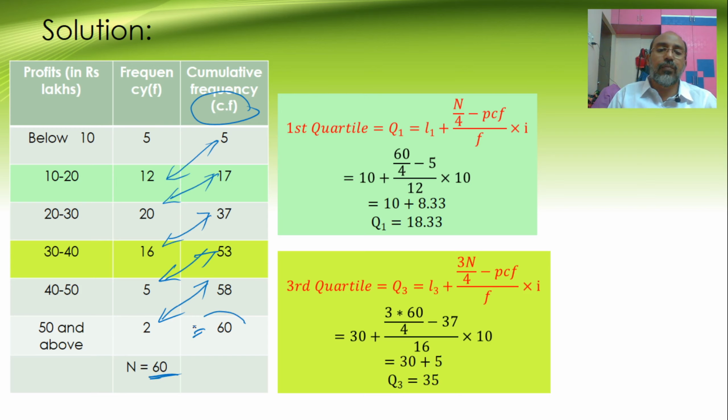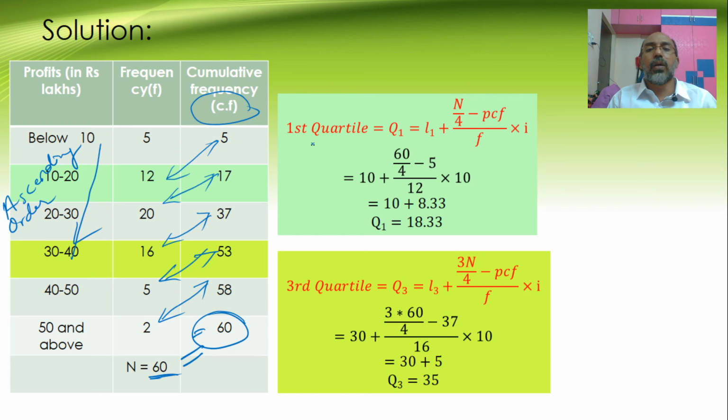You must be careful that this value is equal to this value, otherwise some mistake has happened. Then the next step: we must check whether the classes are given in ascending order or not. Yes, this is ascending order. If it is not, you have to arrange the data into ascending order, otherwise the entire calculation goes wrong.